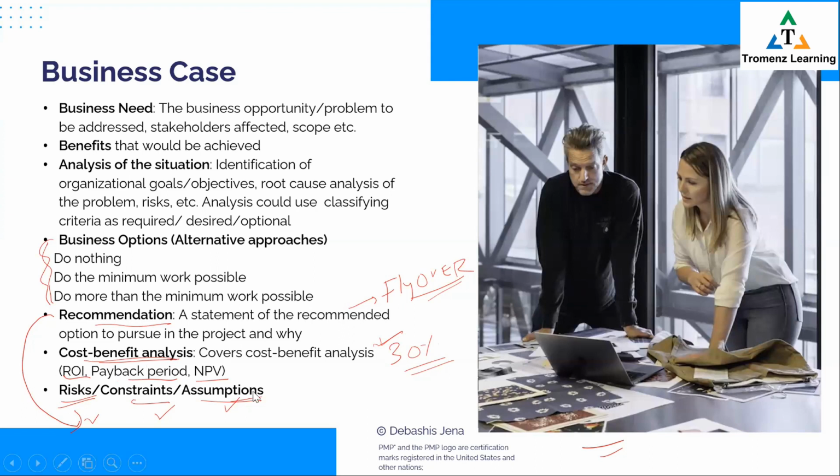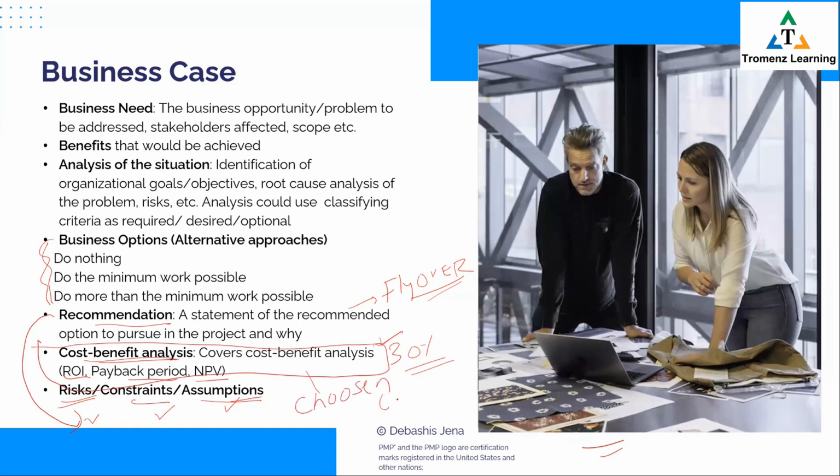Oh, DJ, when we talk about cost benefit analysis, do we do it for all the available options or only for the option that we chose? Okay, good question. The answer to that is, you would do it for all the options, but under this head, cost benefit analysis, here you're expressing it for the chosen option.